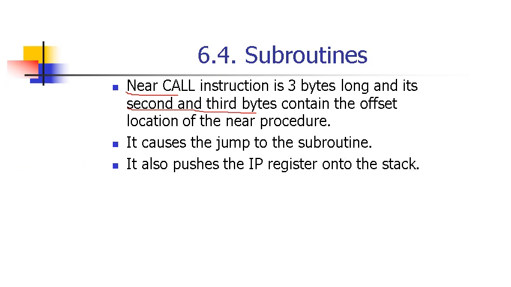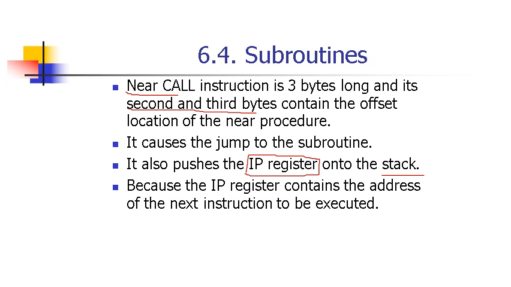And you store the current value of your IP register before you modify it. You store it in your stack memory segment. You push it into the stack. Because the current IP will tell your system where to start at in coming back from a subroutine.